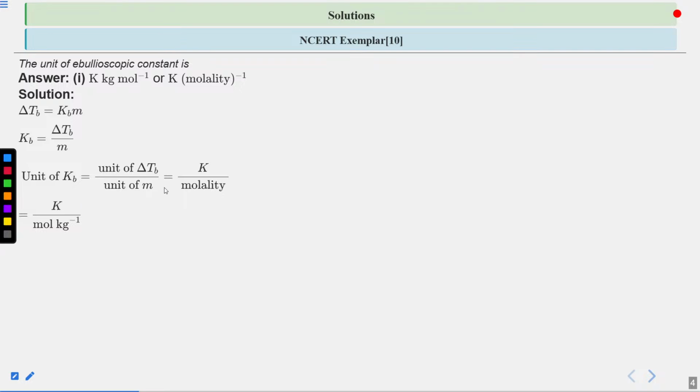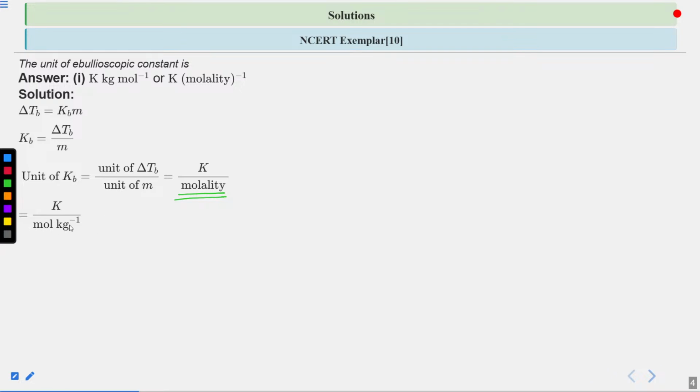So the molality unit will be mole per kg or mole kg inverse, and you can write this unit at the place where the molality is written, and you can also write it like Kelvin mole inverse kg, right?